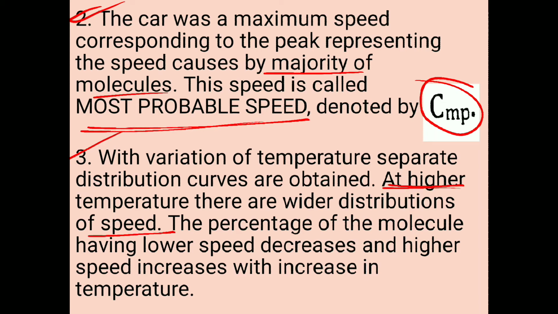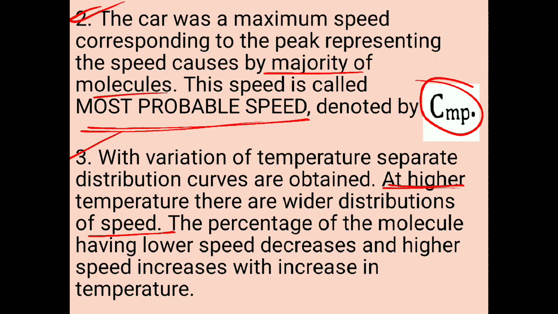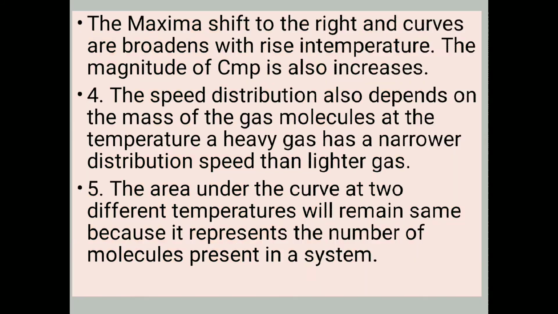The percentage of molecules at higher speed increases with an increase in temperature, and the percentage at lower speed decreases. The maximum shifts to the right, the curve broadens with a rise in temperature, and the magnitude of c_mp also increases.